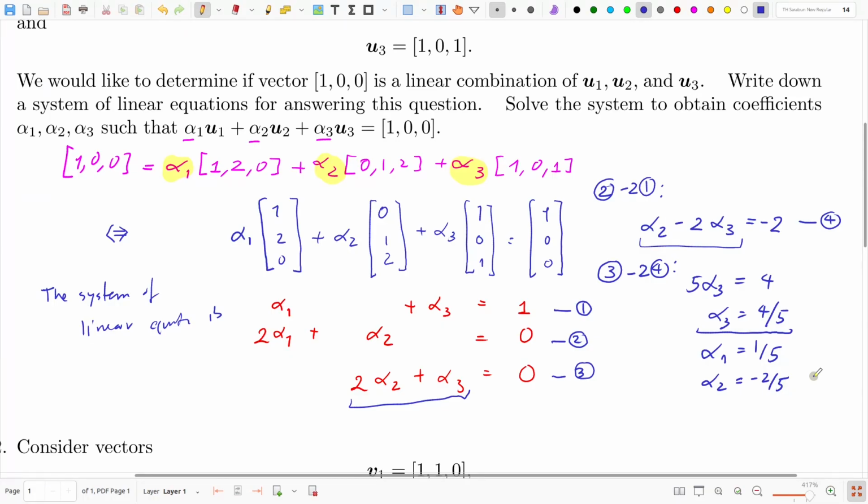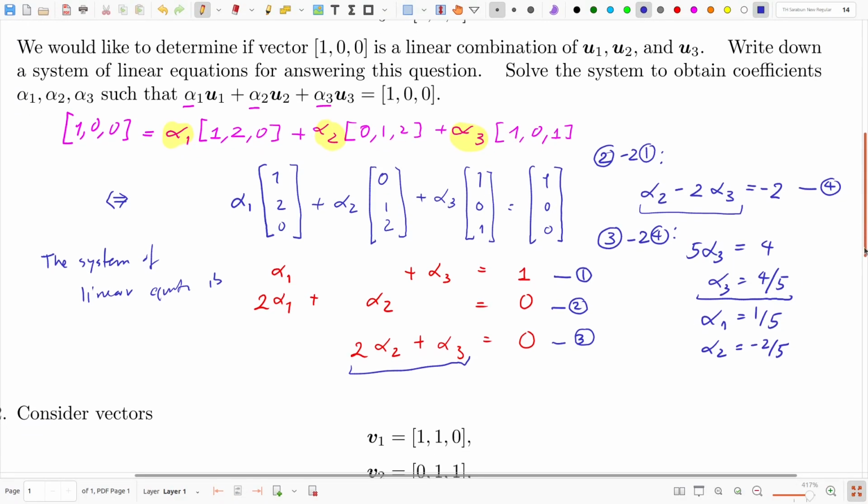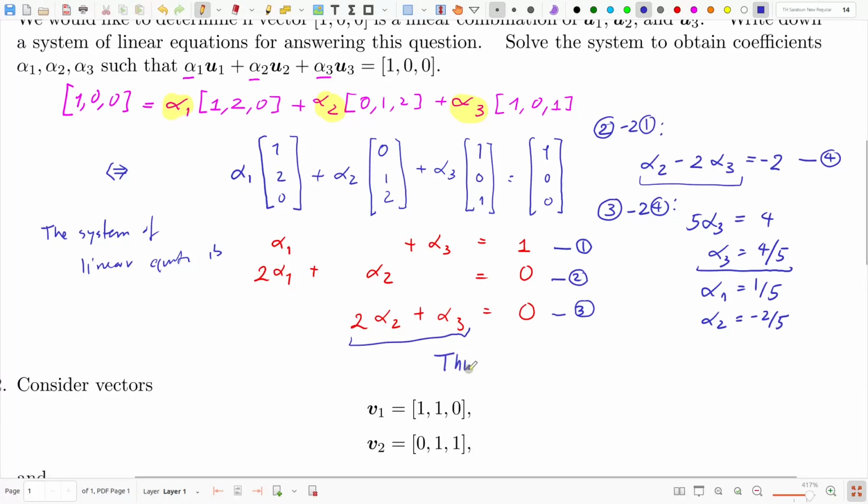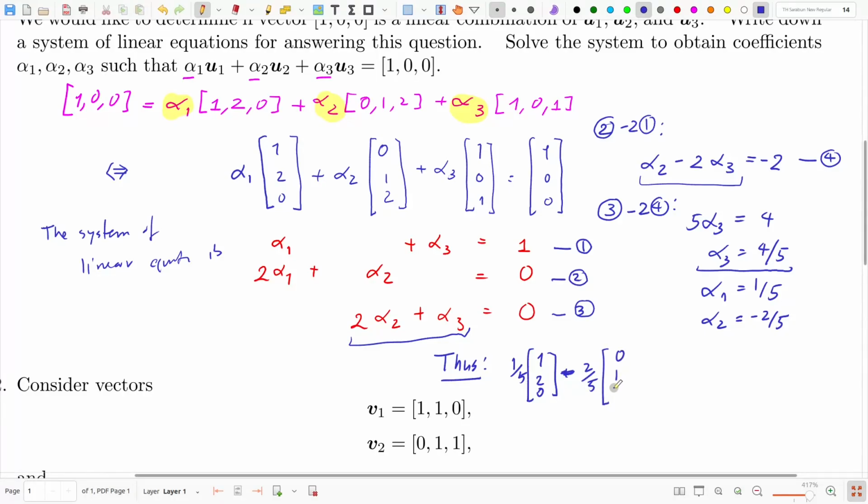So after we get this, we can plug them in: 1 over 5 times 1, 2, 0, plus minus 2 over 5 times 0, 1, 2, plus 4 over 5 times 1, 0, 1.